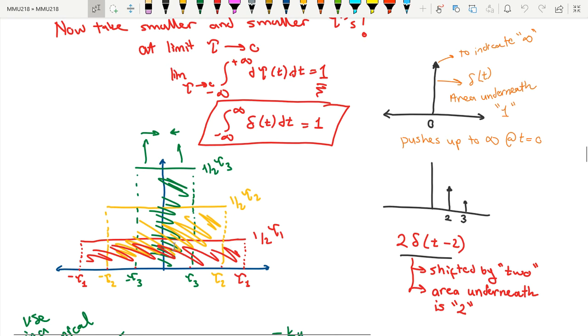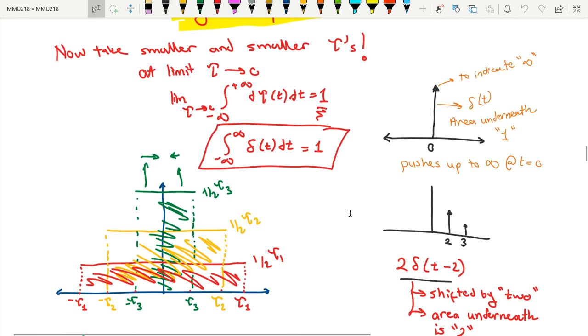So this means that as I squeeze the tau range, this function will shoot up, and in the limit it will go to infinity, but it doesn't matter. I'm interested in its integral, and the integral is independent of tau, and it's 1. That's the big thing that Dirac is telling us.